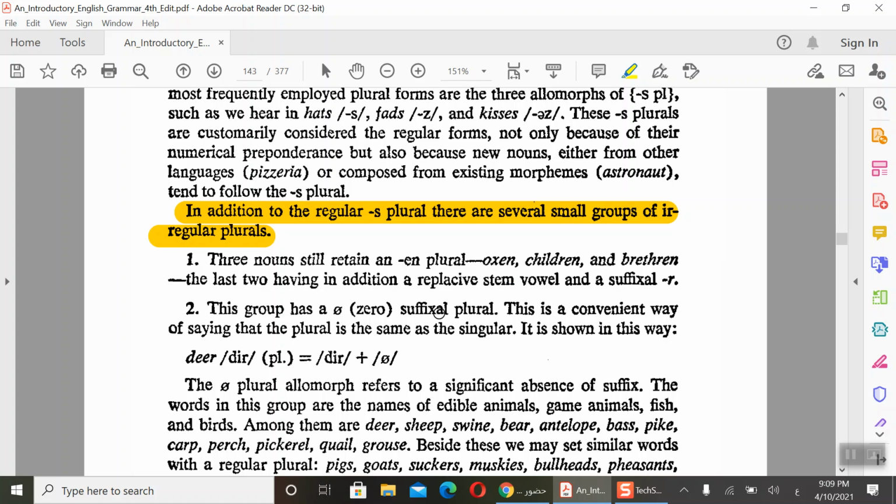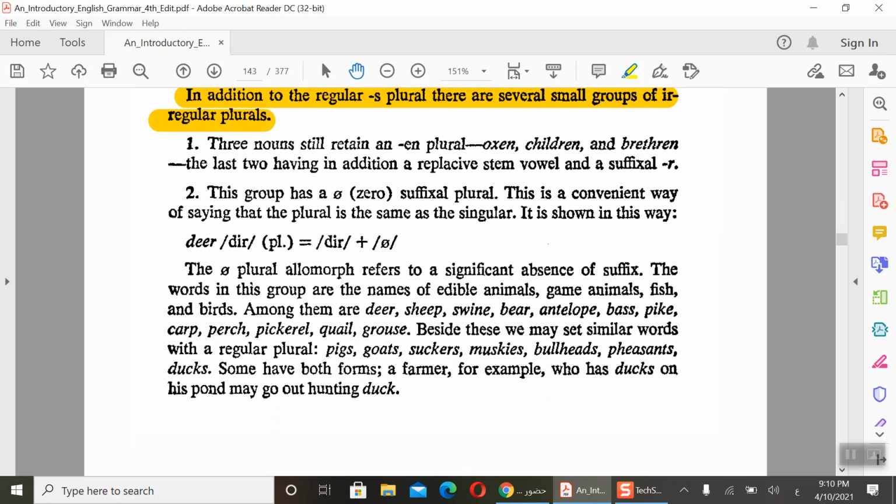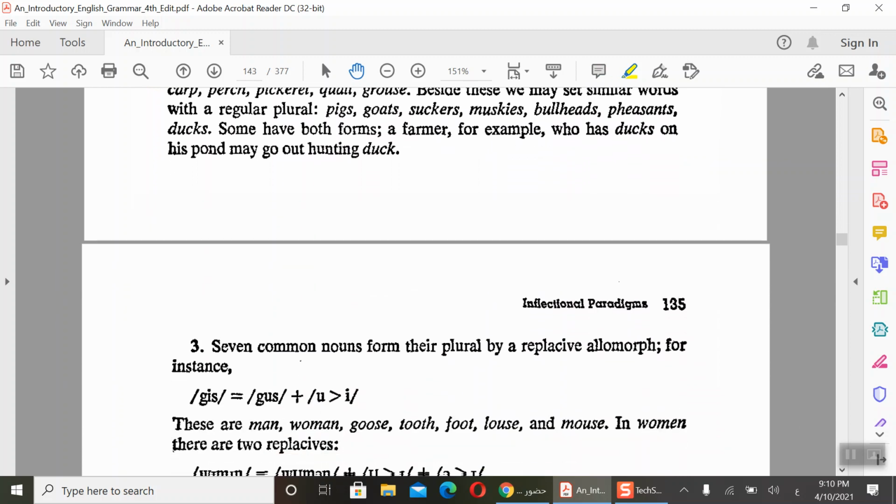Remember we talked about this morphological condition. Another group, zero suffixal plural. Zero, like sheep, sheep. Zero morpheme. Deer, swine, etc. These are easy.